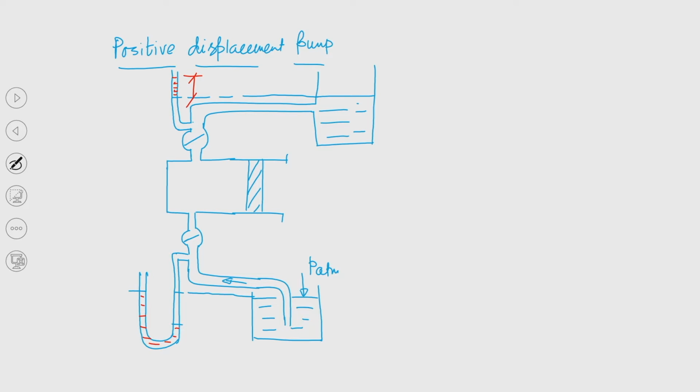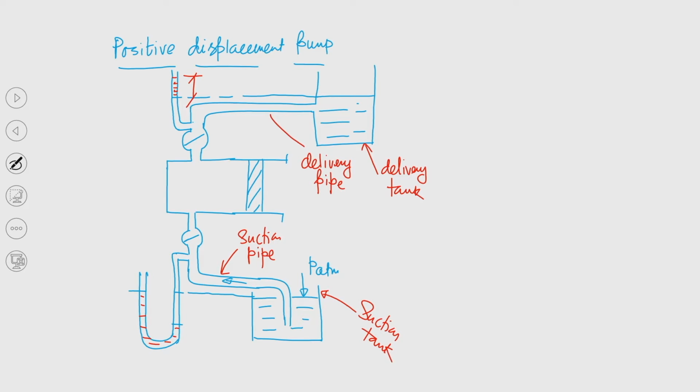Now, before going to discuss, let us label different parts. So, this is the delivery pipe, this is delivery tank, this is suction pipe, suction tank, okay.